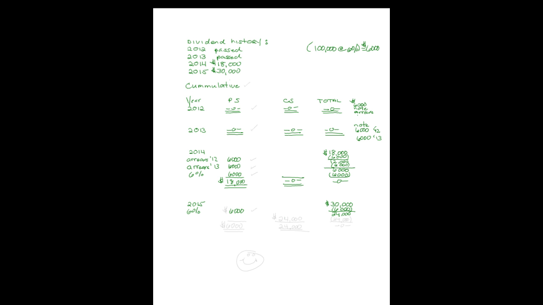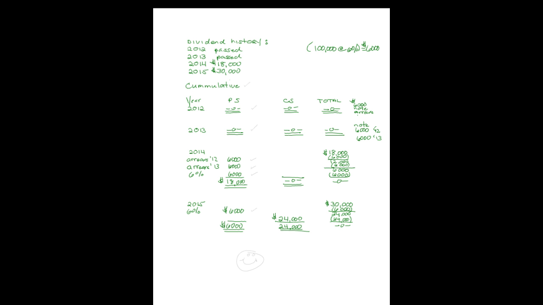There's no more dividends in arrears, and the common stockholders are entitled to the residual amount. The dividend is fully distributed, and $6,000 goes to the preferred stockholders, and $24,000 finally to the common stockholders.